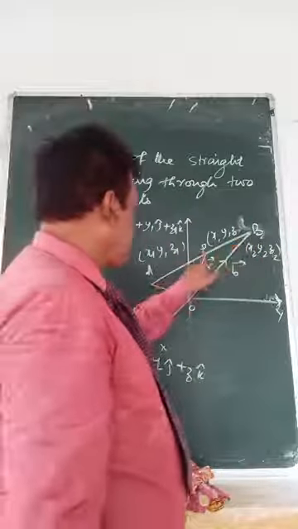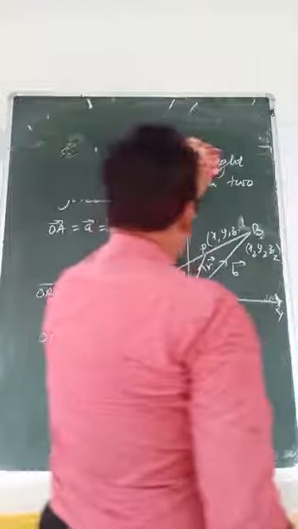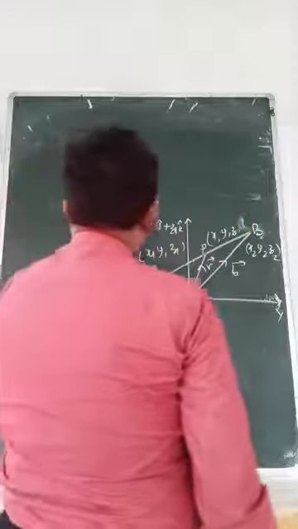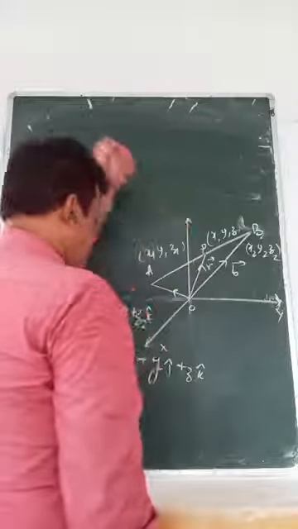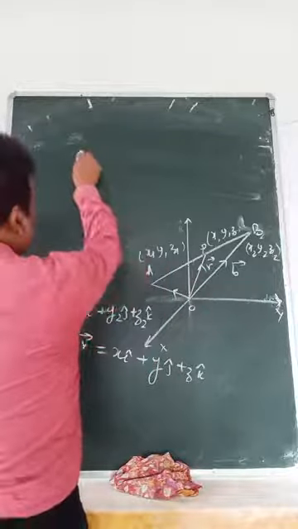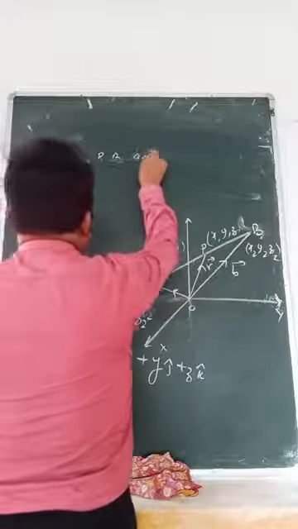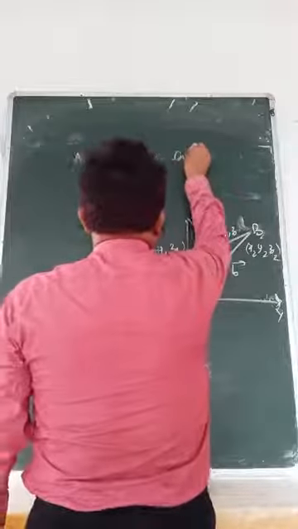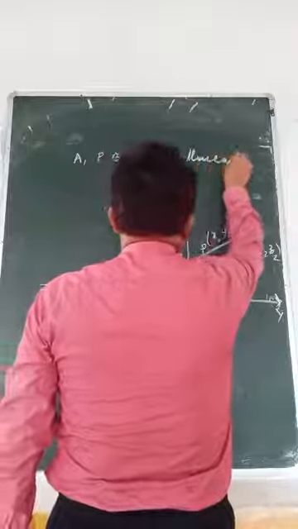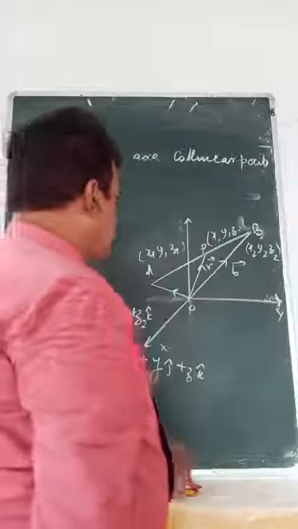Okay, let's see what is the relation between AB vector, PB vector. You can say here A, P, B are collinear points. These collinear points will have two vectors.